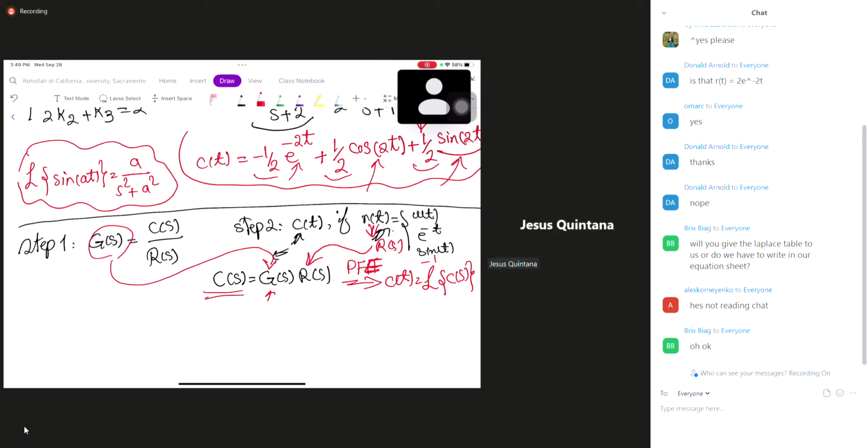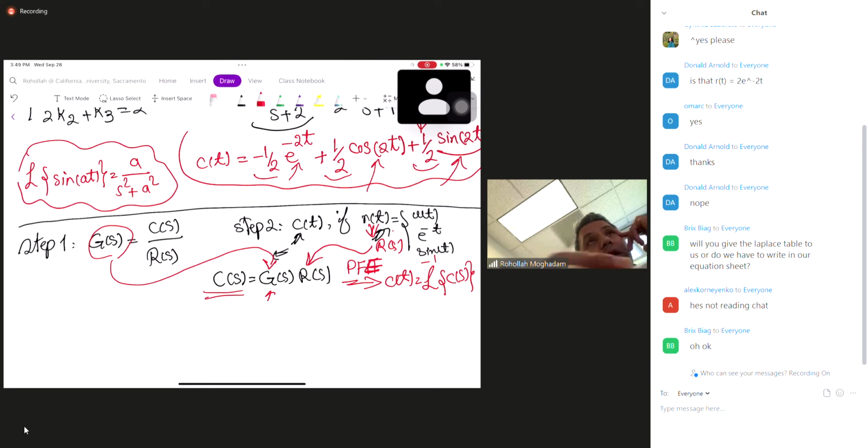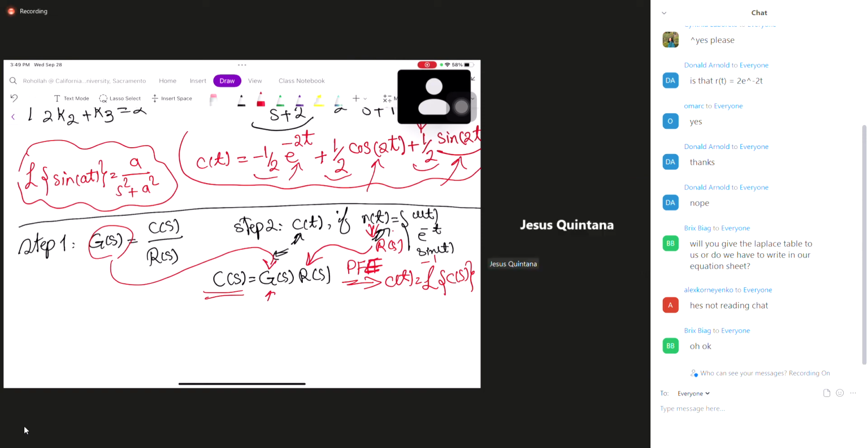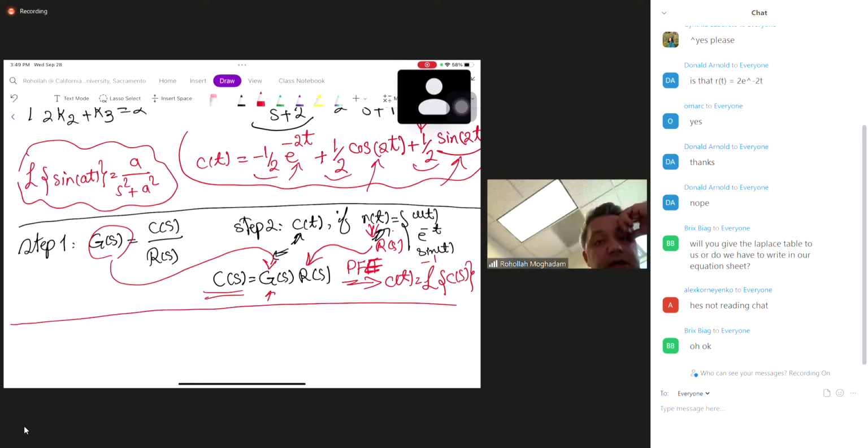I also don't want you to put R of t in the differential equation and try to solve it in the time domain. We want to practice solving everything in the frequency domain, all right? This is the approach, the procedure of how to solve this kind of problem.